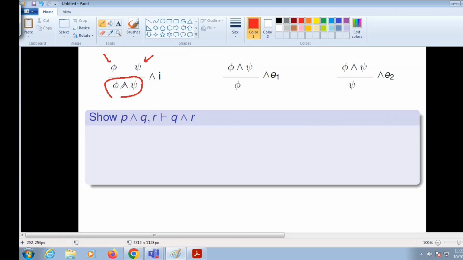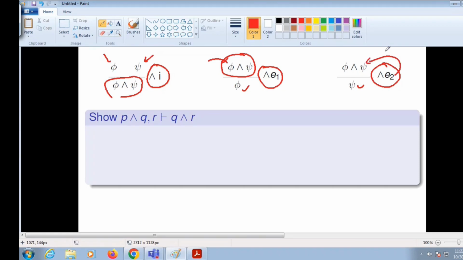Is it fine? Yes. If I have phi and psi both, I can say that I have phi because I have both. Similarly, I can say that I have psi. So this is called the and introduction, and elimination 1 and elimination 2. Elimination 1 means the first thing I have taken, the other is eliminated. Elimination 2 is this, I have removed this.